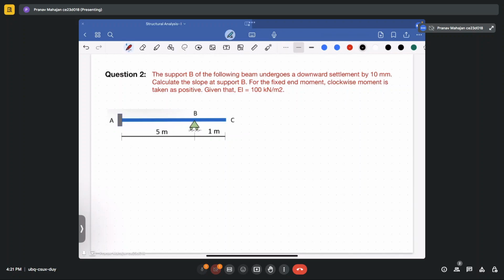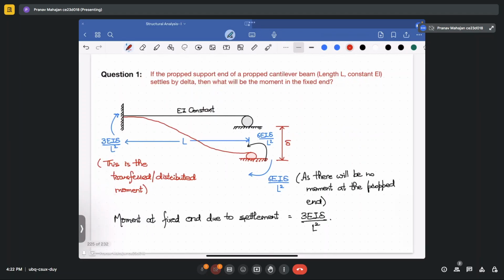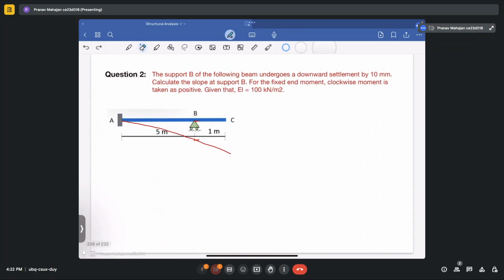So since the support has settled and it is a hinged support at A, the deflected shape will be like this after settlement. So here the settlement is this much.